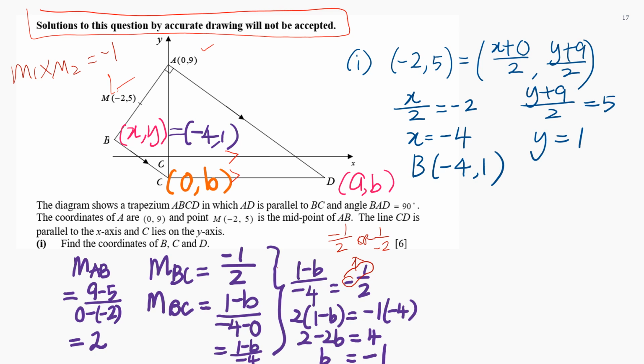So therefore I take negative 1 times negative 4, and hence my denominator will be a positive 2. So from there, I managed to find the value of b to be negative 1. So hence the coordinates of C will be 0, negative 1. And therefore the y coordinate of D will also be negative 1.